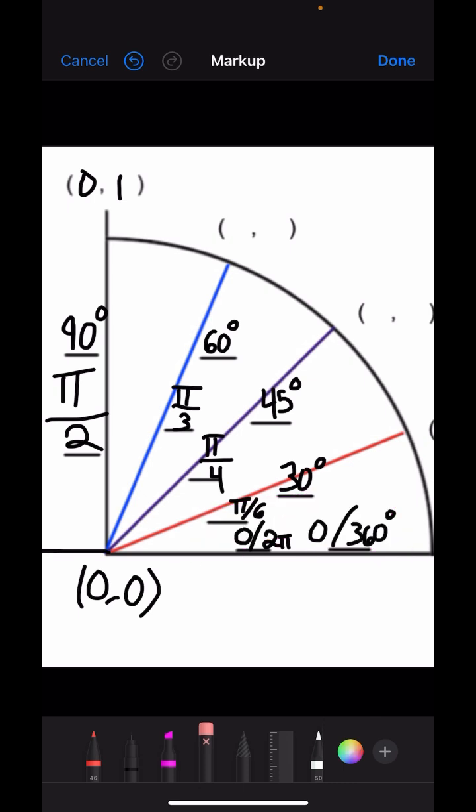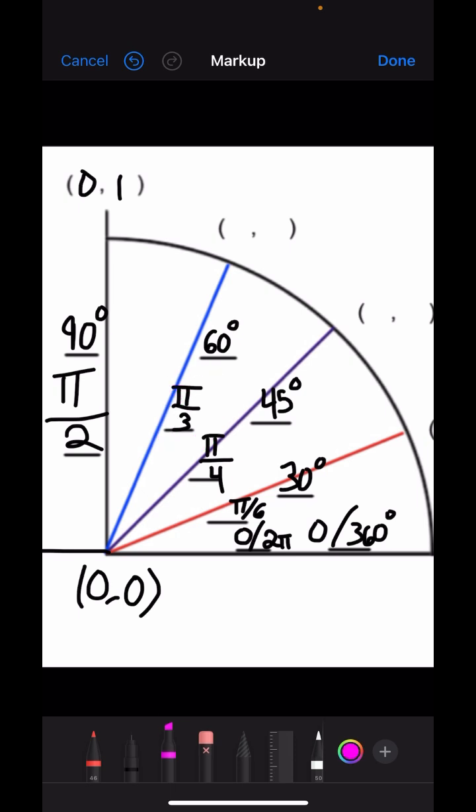So you can keep adding more pi over 6's. So if this is pi over 6, sorry, my dogs are in here. If this is pi over 6, then you double that, you get 2 pi over 6 or pi over 3.